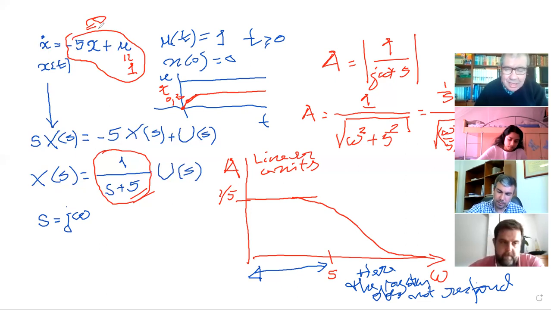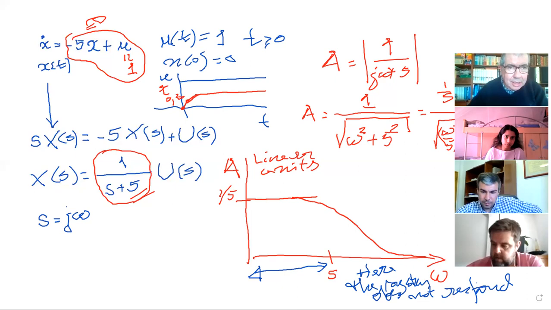Now, think of this as something in which u enters and x exits. Your input is something that is very fast because you have even a discontinuity. So you need a lot of sinusoids to approximate this discontinuity here.